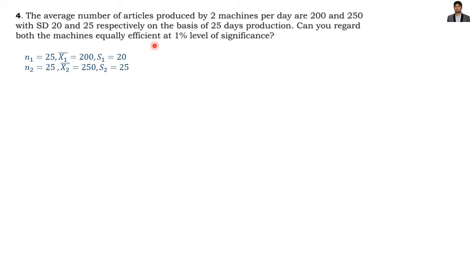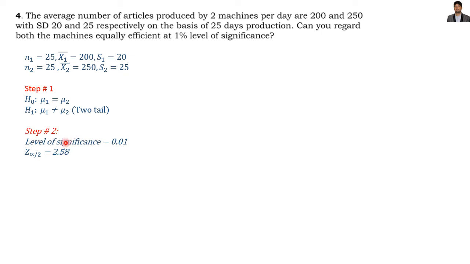N2 is 25, in 25 days. X bar 2 is 250 and S2 is equal to 25. First step, formulate the hypothesis that the production is same. H1, the production is different, mu1 is not equal to mu2, and it is a two-tailed test.